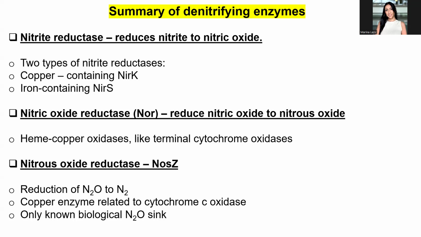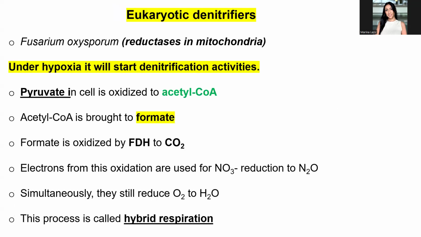Eukaryotic denitrifiers are very interesting from an evolutionary perspective. You remember when we talked about sulfate reducers and sulfidogens that live in a marine organism. Here you will also have fungi, interesting fungi that have all these denitrification reductases in their mitochondria.